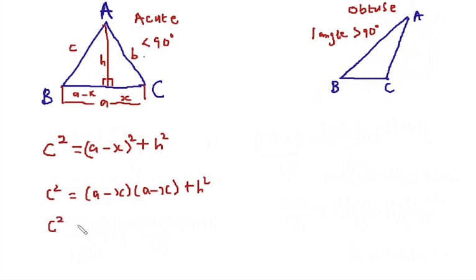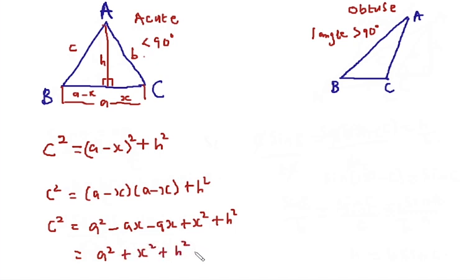So we have C square is equal to A times A is A square. A times minus X is minus AX. Minus X times A is minus AX. Minus X times X is plus X square, plus H square. So this is equal to A square plus X square plus H square minus 2AX.